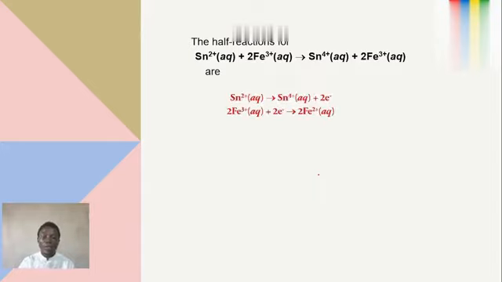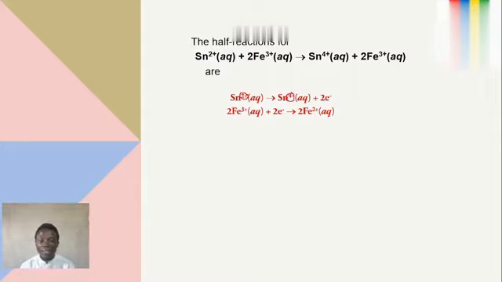So we have this and we want to know the half reactions. So what would it be? Okay, the first one is checking this. You can see that this is +2, and this is +4.